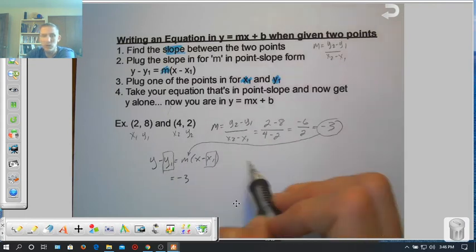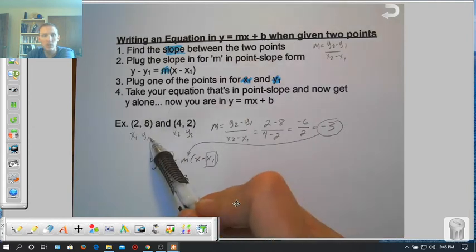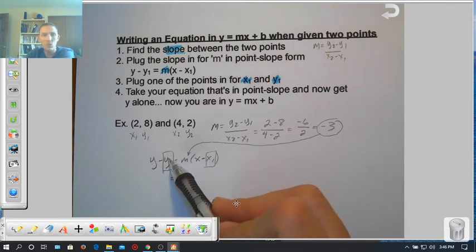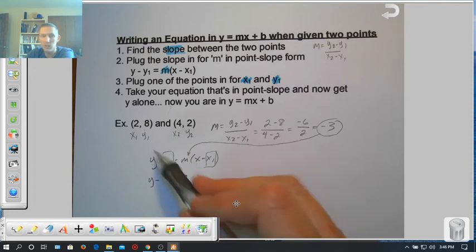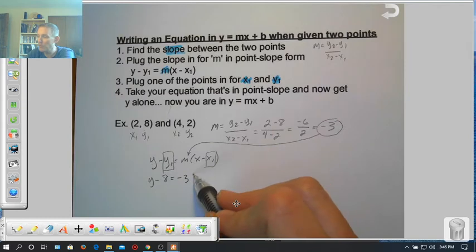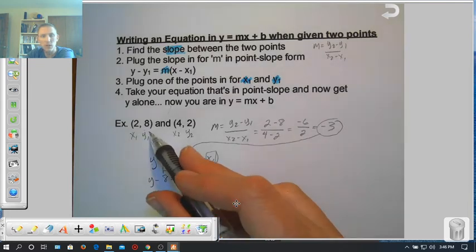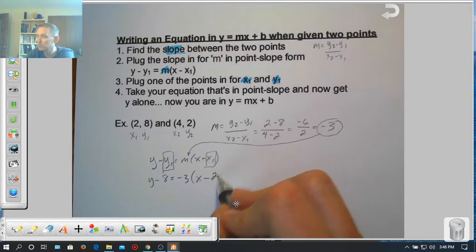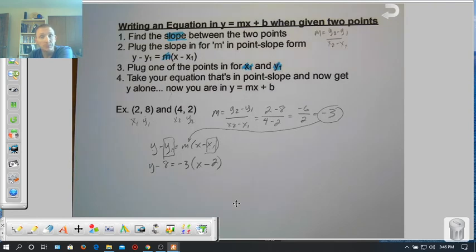And remember, I can use either point. Does not matter which one I plug in. But I'm going to go ahead and stick with this one because the labels match. So y minus y1 is going to become y minus, and I look here, y1 is 8, equals negative 3. And then in parentheses, x minus x1 will become x minus, I go over here, and x1 is 2. I have now built my equation in point-slope form.